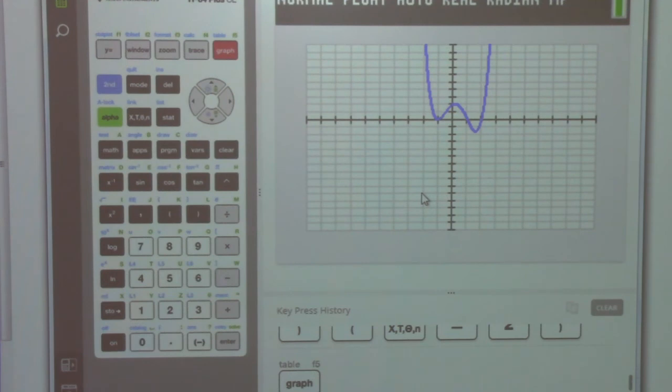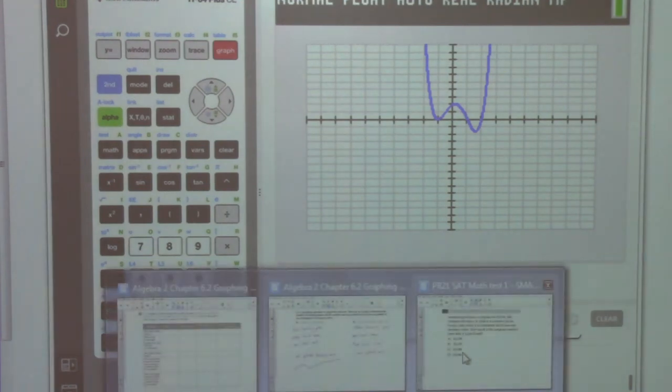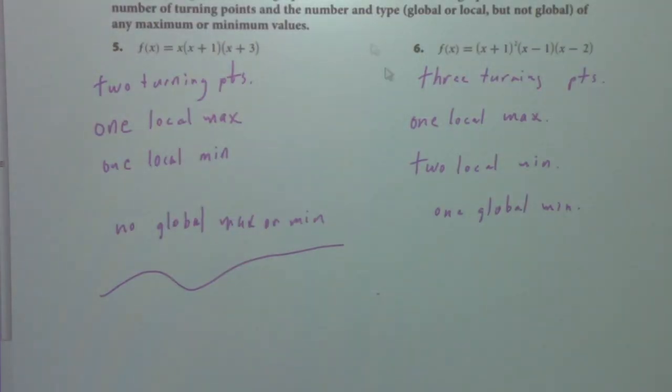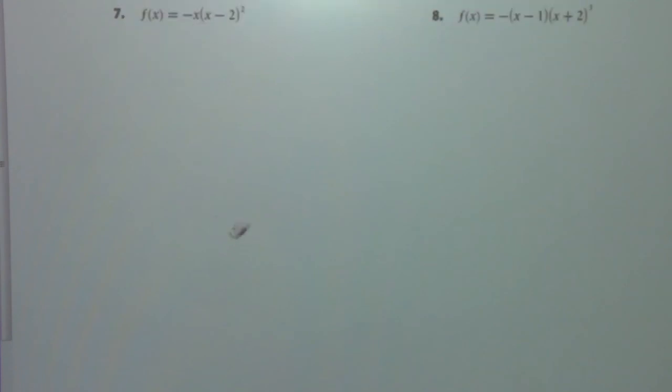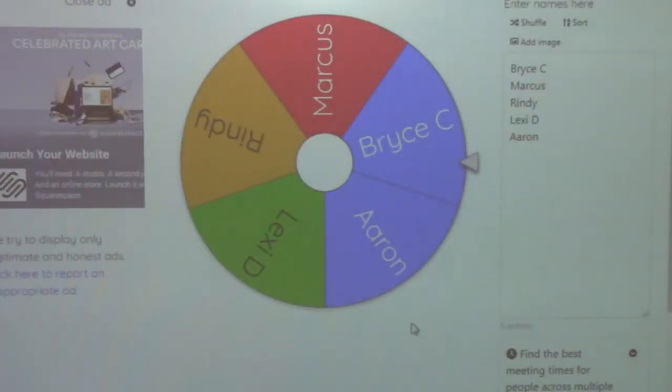Okay. Let's go to, whoops, erase these here. All right, so the next one we have is, just get through it, here we go, 7.